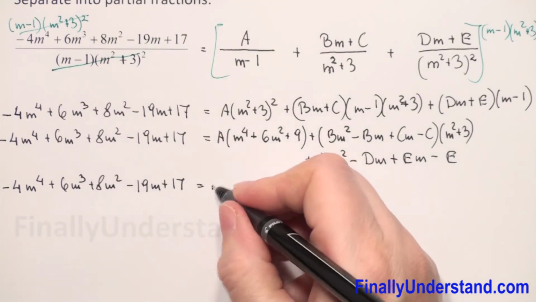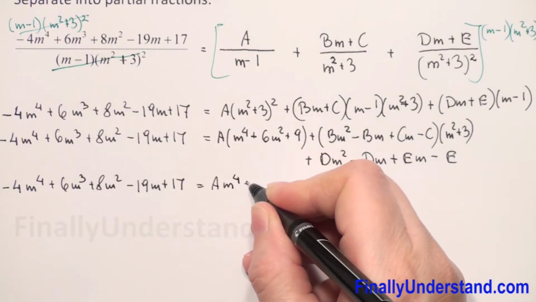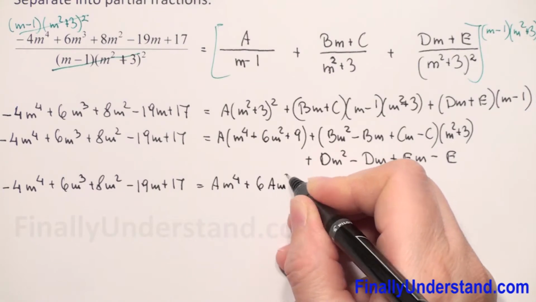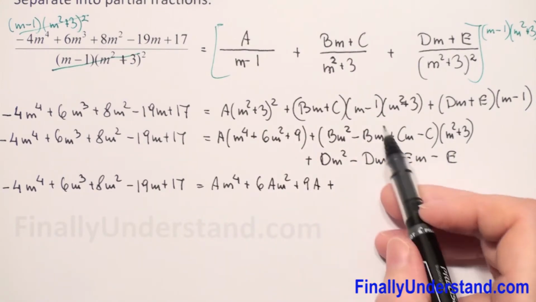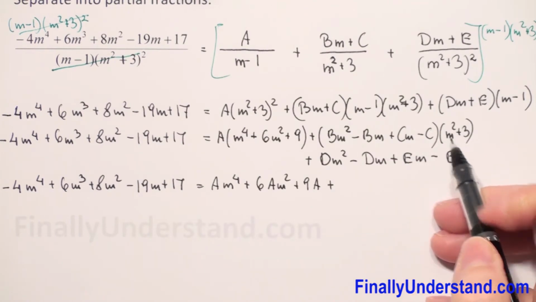And now it will be an to the 4th power plus 6an squared plus 9a plus, and every expression in the first parenthesis by every expression in the second parenthesis.